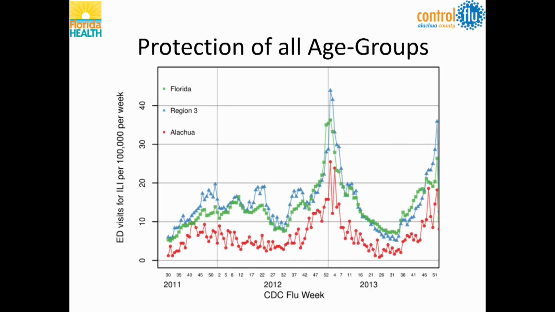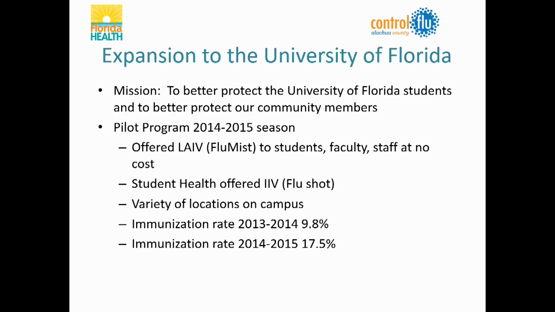We didn't protect the seniors as well as we expected with our data, and we think this is because the large university population and the university students who work in the community are exposing some of our senior adults in the community. So we did expand to the University of Florida a couple years ago with a pilot program.